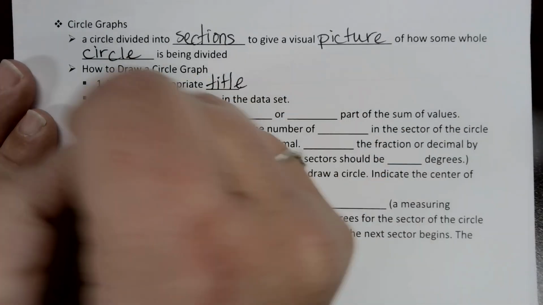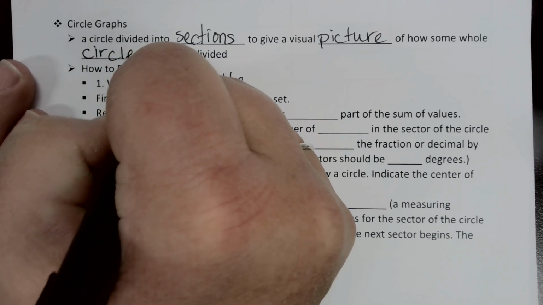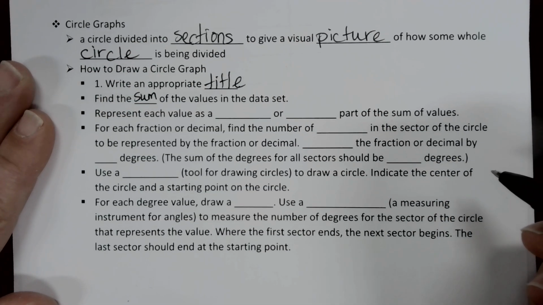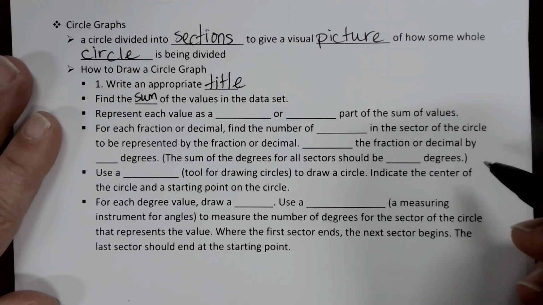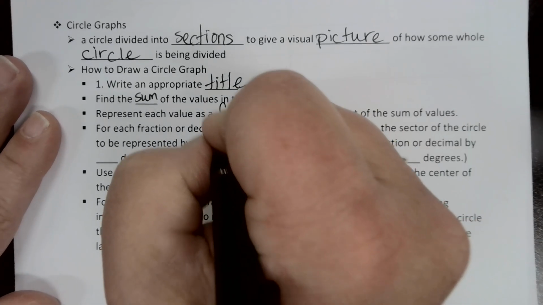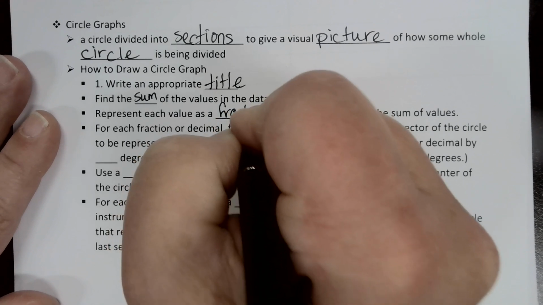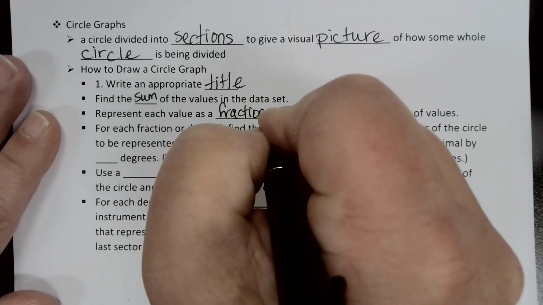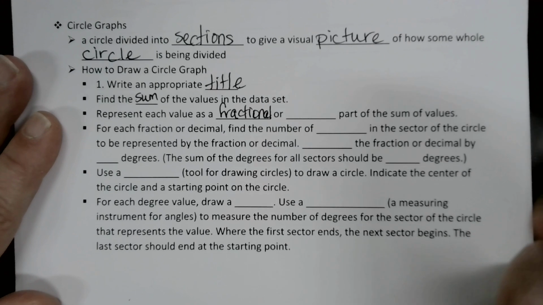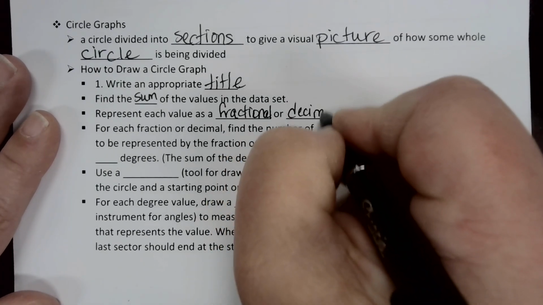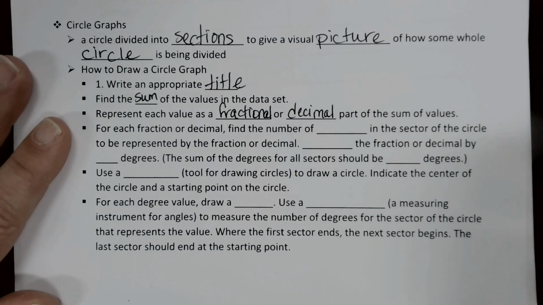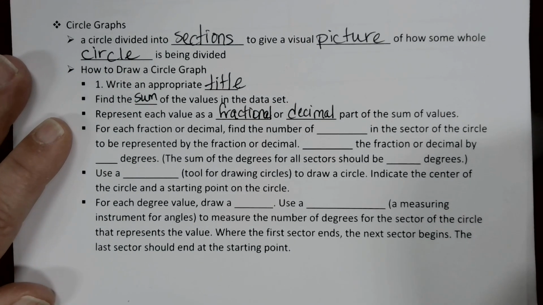You're going to find the sum of the values in the data set. And then we're going to represent each value as a fraction, fractional, or a decimal part of the sum of values. And I'll talk about that in a minute.